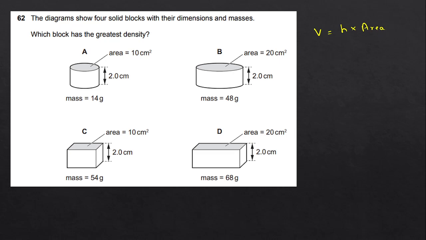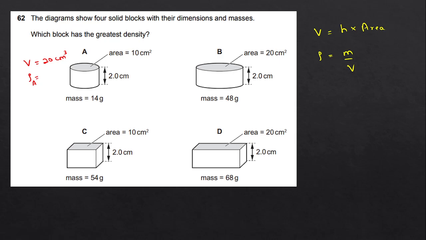So density can be written as mass by volume for each of them. Let's write down the volume of each of these objects. Volume of object A will be equal to 10 times 2, which is 20 cm cube, and density of object A will be equal to 14 divided by 20.